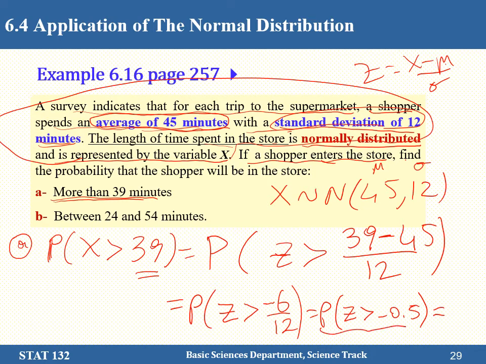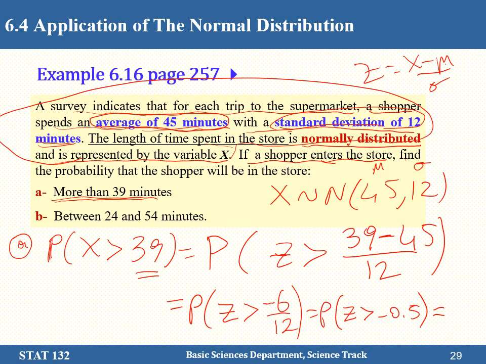So how can we find it? From the table. Now we have to check the table. One thing is that the table gives the left side, so we have to write this as 1 minus the left side.